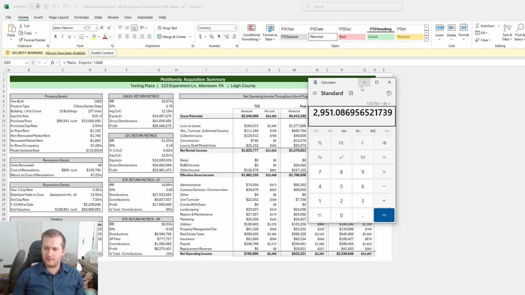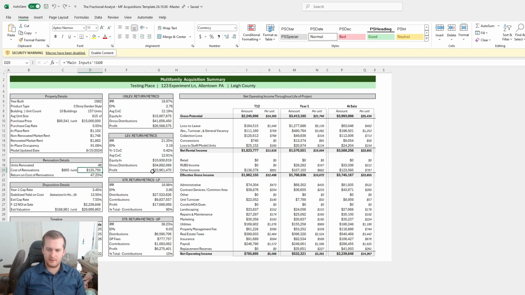And that's probably a little more accurate for what's being modeled in here. So $3,000 a renovated unit, or $865 a unit. It's probably light, but depending on what renovations are being proposed here, maybe that's okay, maybe it's enough. We don't know. We would need to dig in more. It's just a baseline assumption.